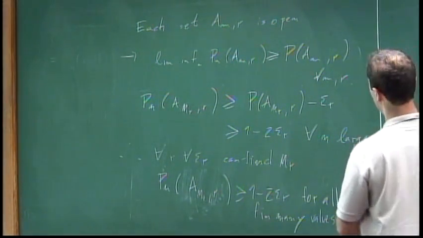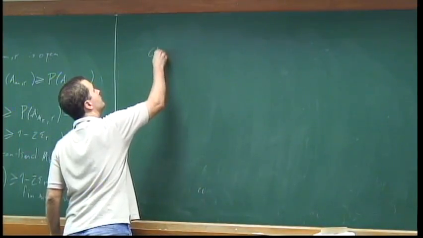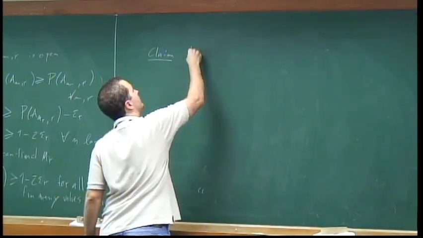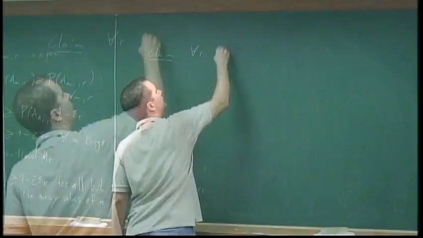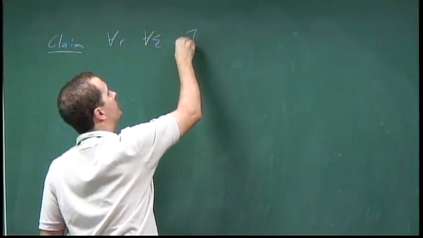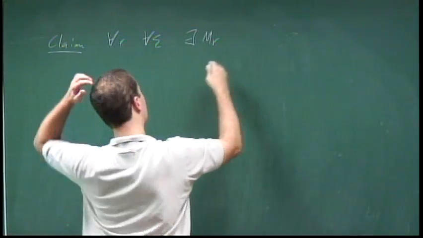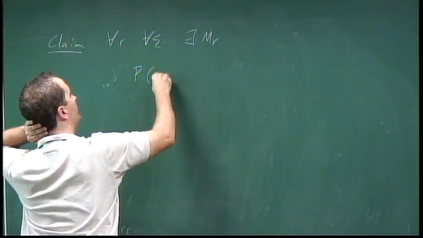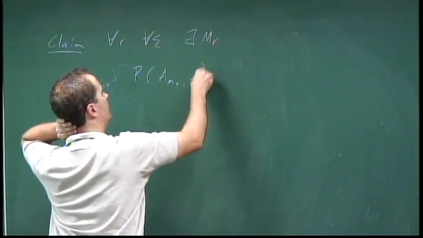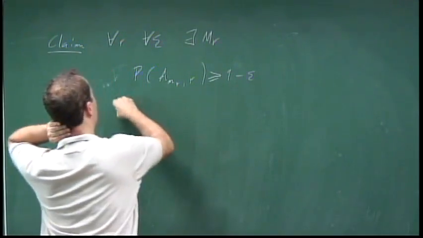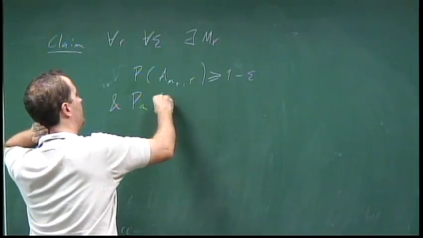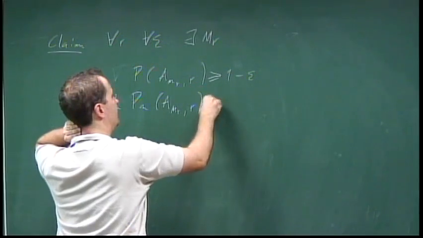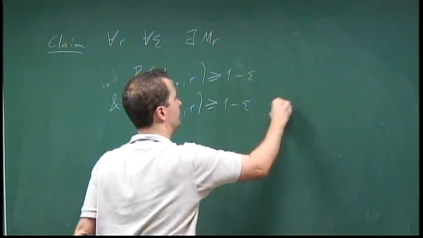Okay, so now I want to say something slightly different. For all R, for all epsilon, there exists an m depending on R, such that P of A_{m,R} is greater than 1 minus epsilon, and P_n of A_{m,R} is greater than 1 minus epsilon for all n.